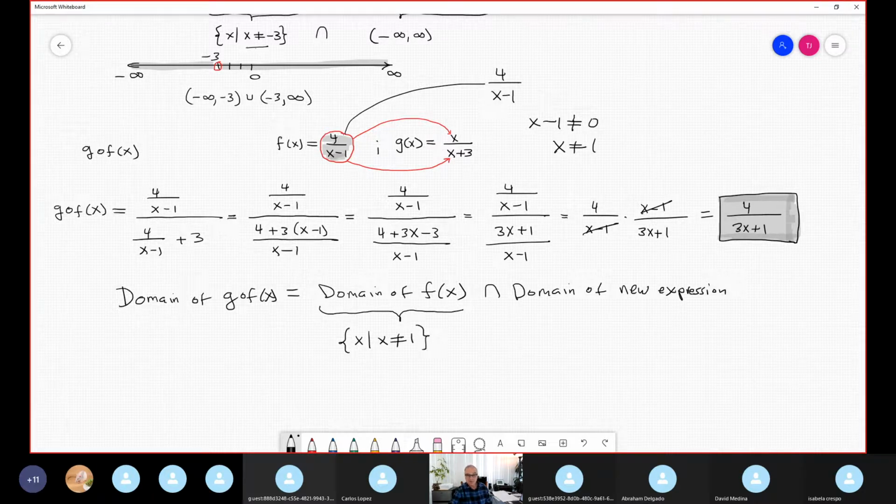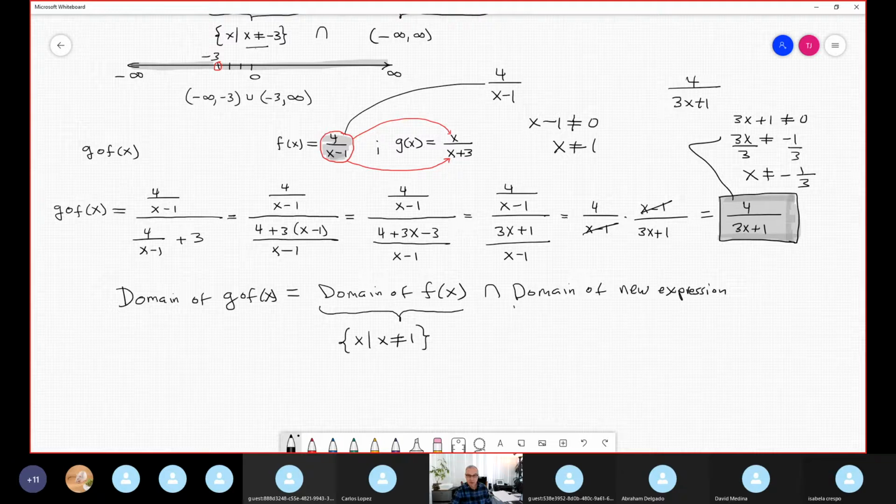Okay, now similarly we are doing here. You have the expression 4 over 3x plus 1, and you take the expression in the denominator, 3x plus 1, not 0. And so for x, 3x not equal to negative 1, divided by 3, x not equal to negative 1/3.